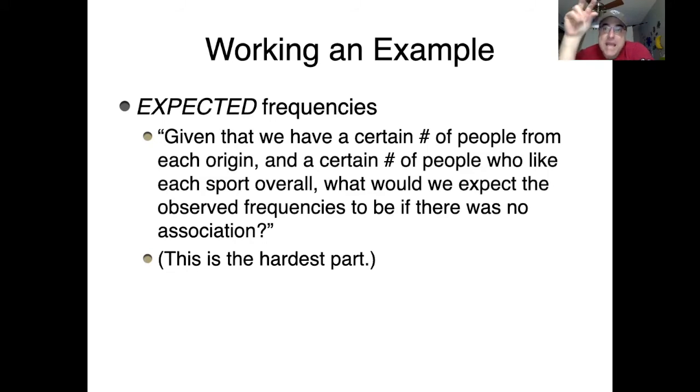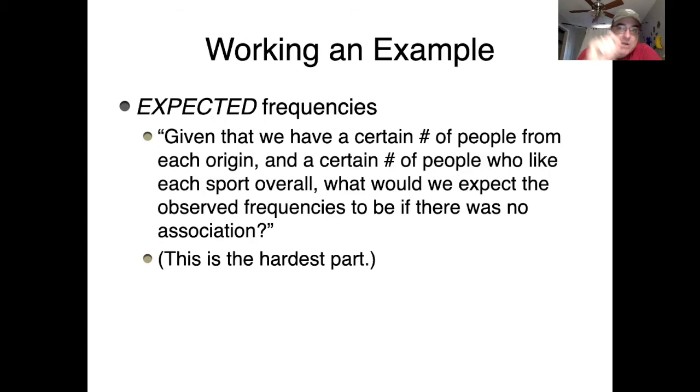All right, the expected frequencies are this. For every category combination that we have in our chi-square, people from the US who like soccer, people from the US who like hockey, people from the US who like football, Canada, all nine categories that we're dealing with in this chi-square have a number associated with them that would be true if there was exactly zero relationship between your favorite sport and your place of origin.